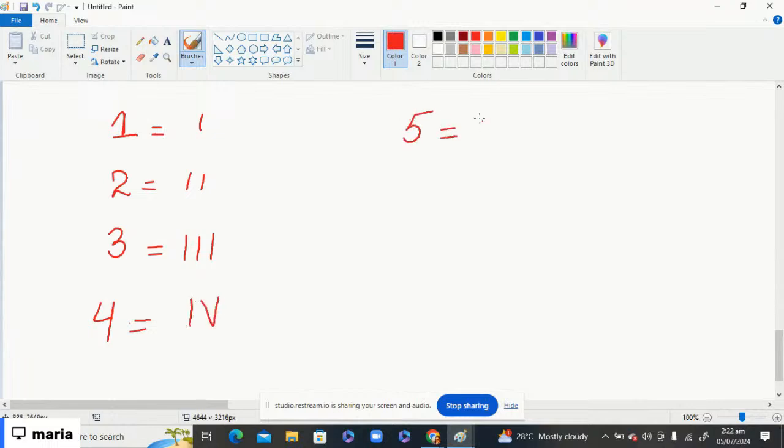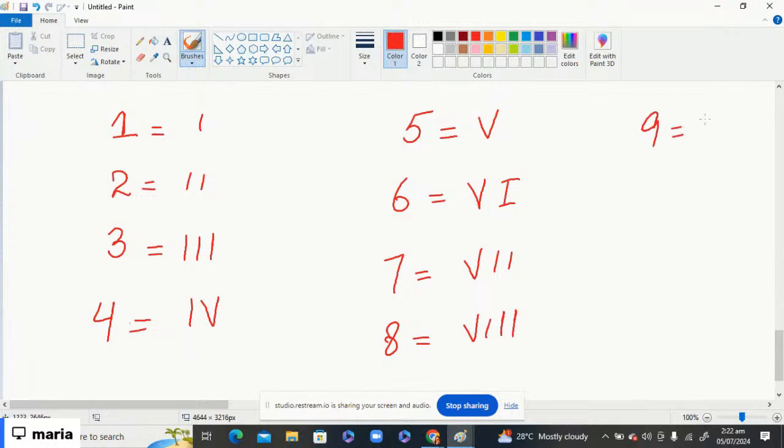For 5 it's V. For 6 it's VI. For 7 it's V double I. For 8 it's V triple I. For 9 it's IX. And for 10 it's X. Okay, these are all the Roman numerals from 1 to 10.